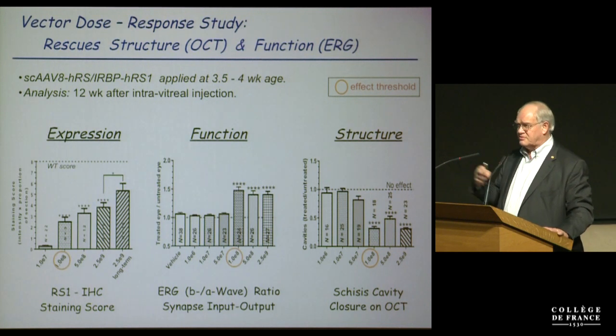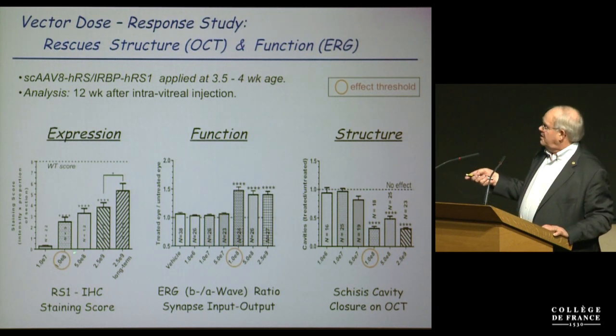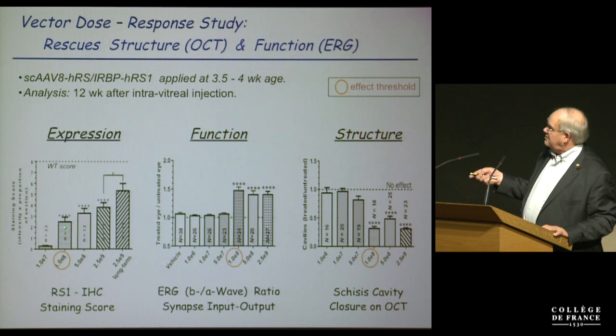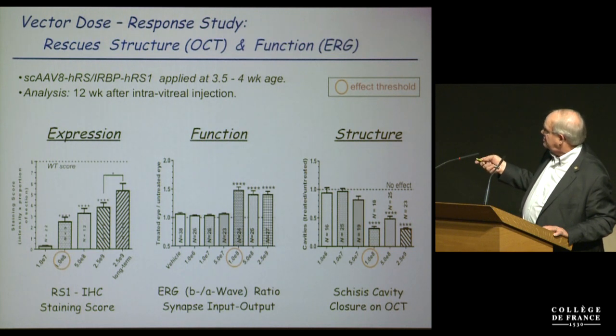There is some threshold evident. And so at 1E8 there is expression, and interestingly, importantly, at 1E8 there is also restoration of function. No function, restoration of function. No structural effect, closure of the cavities.